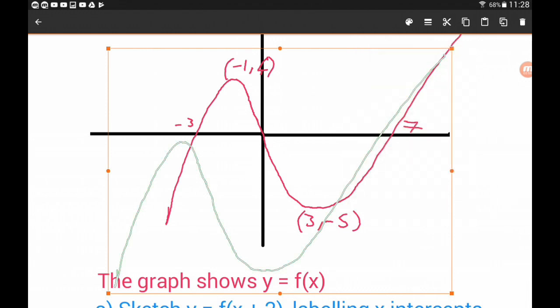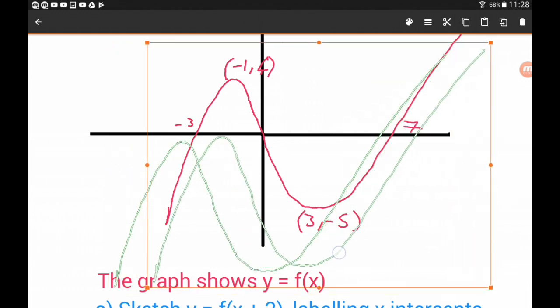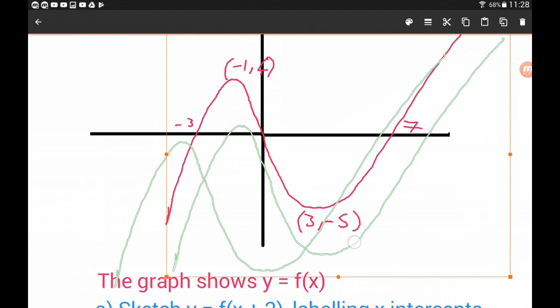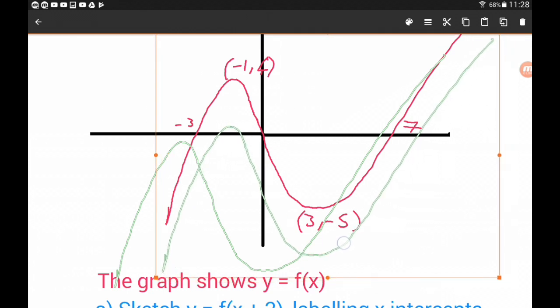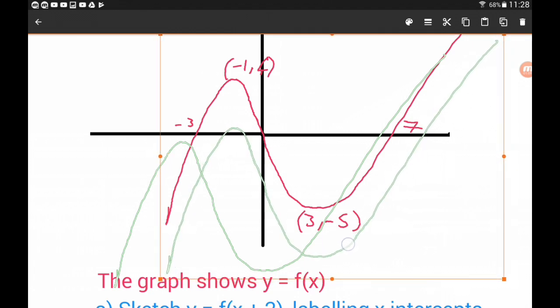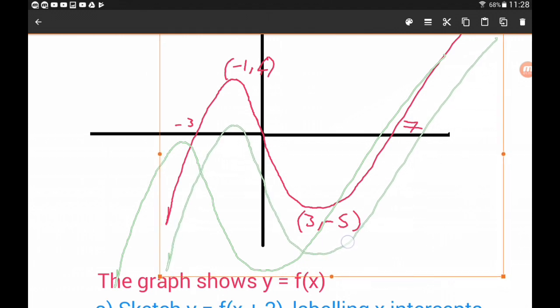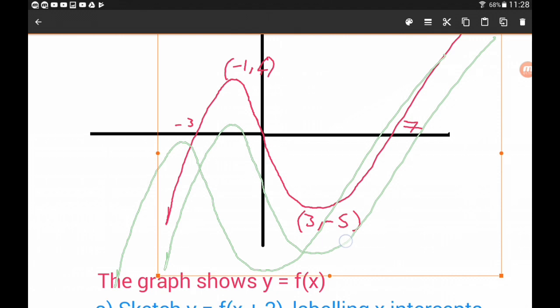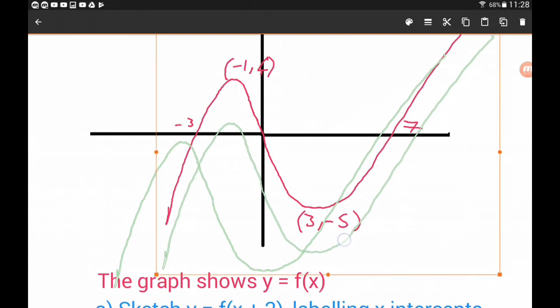Okay. Right then, so this graph is going to look something like that. Although we do know that the y value of the maximum was 4.